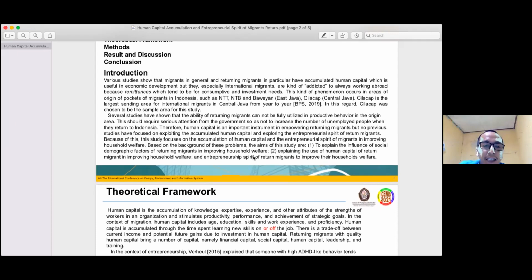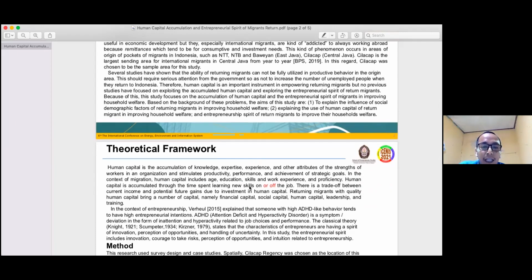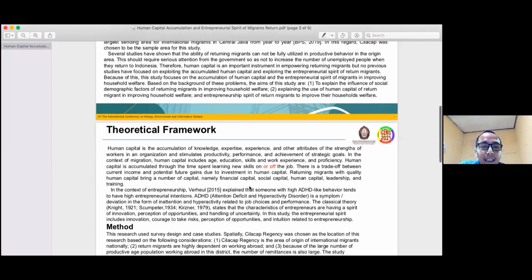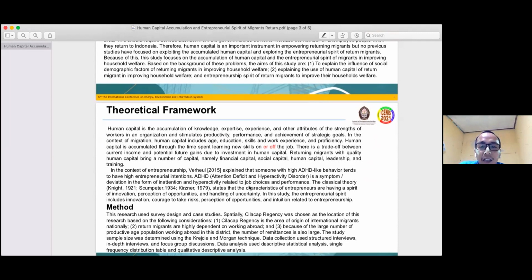So, the next, theoretical framework. Human capital is the accumulation of knowledge, expertise, experience, and other attributes of the strength of workers in an organization that stimulate productive performance and achievement of strategic goals.